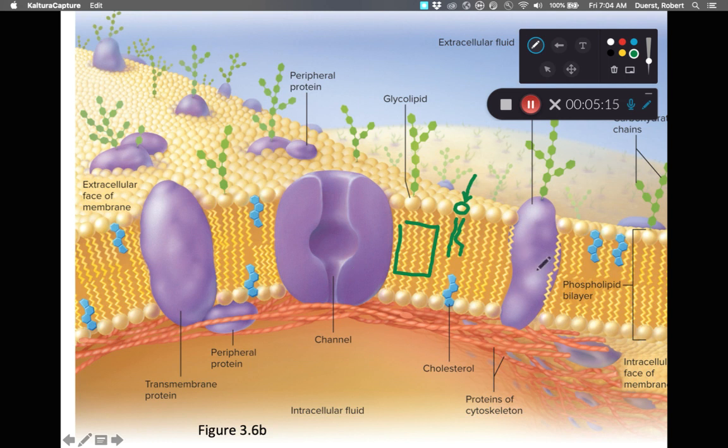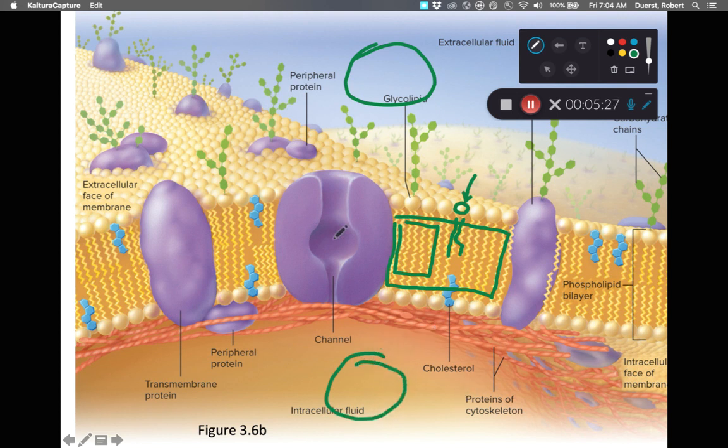We do not have water molecules in this area in the middle of the phospholipid bilayer. Water is in the extracellular fluid environment, and water is in the intracellular environment. For water to go in and out of the cell, we need a channel protein to allow that fluid to go in and out of the cell.